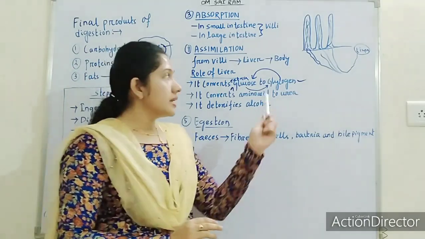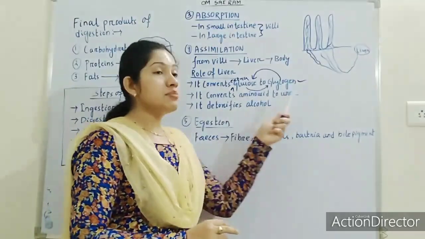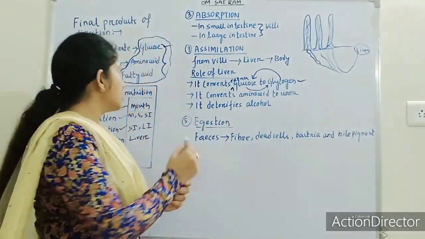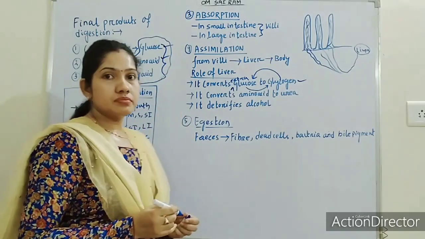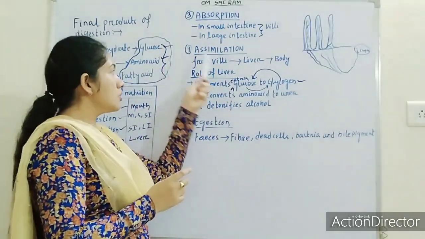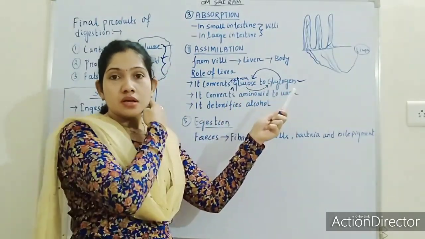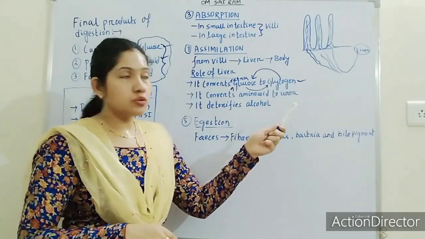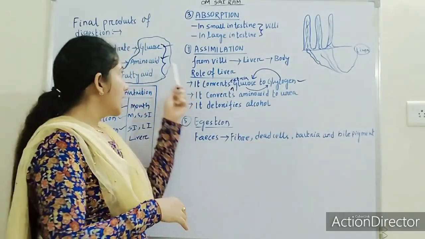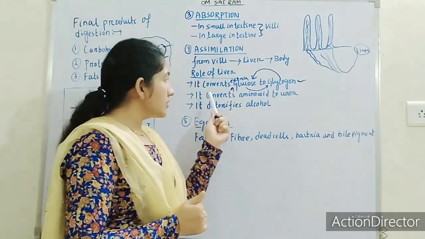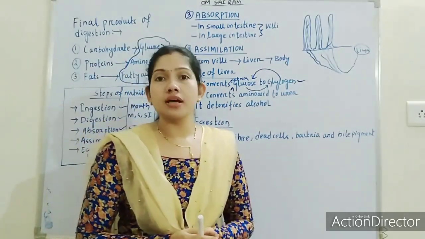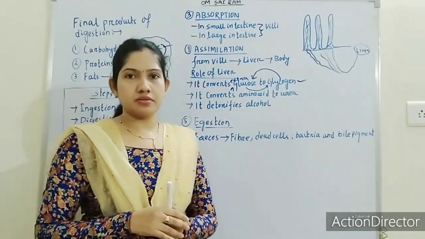Got it? Next step, it converts amino acid to urea. Amino acid is also a byproduct. The role of glucose in the liver we have already discussed. Now come to amino acid. It converts the amino acid into urea. Urea is a waste product.